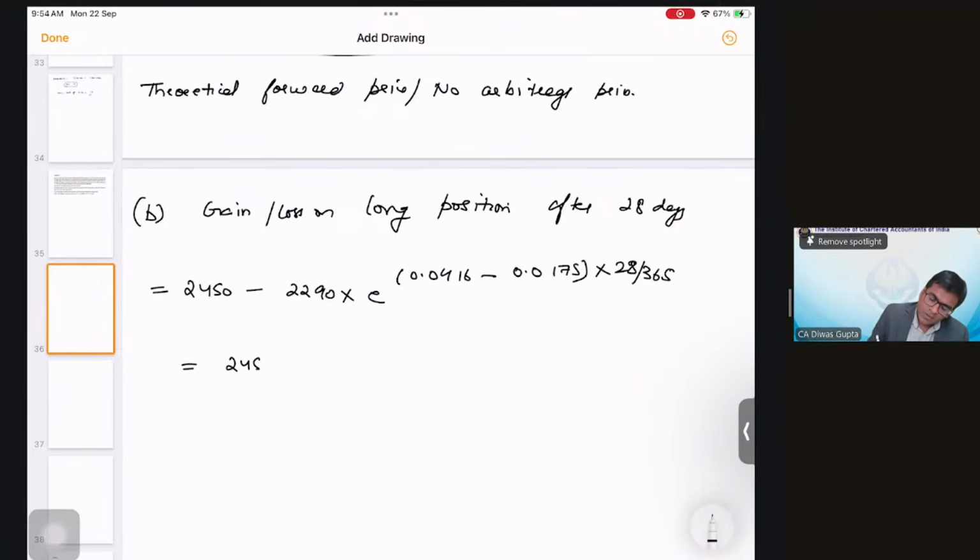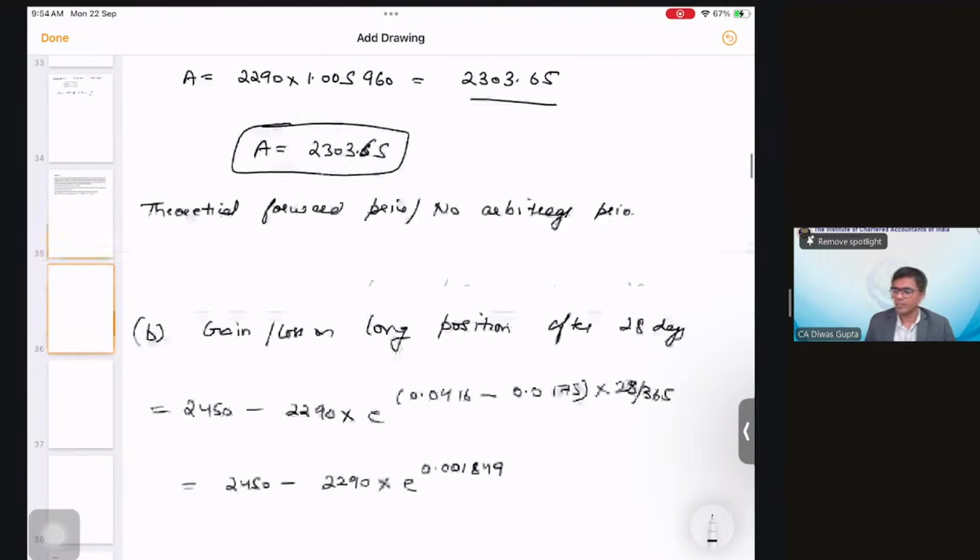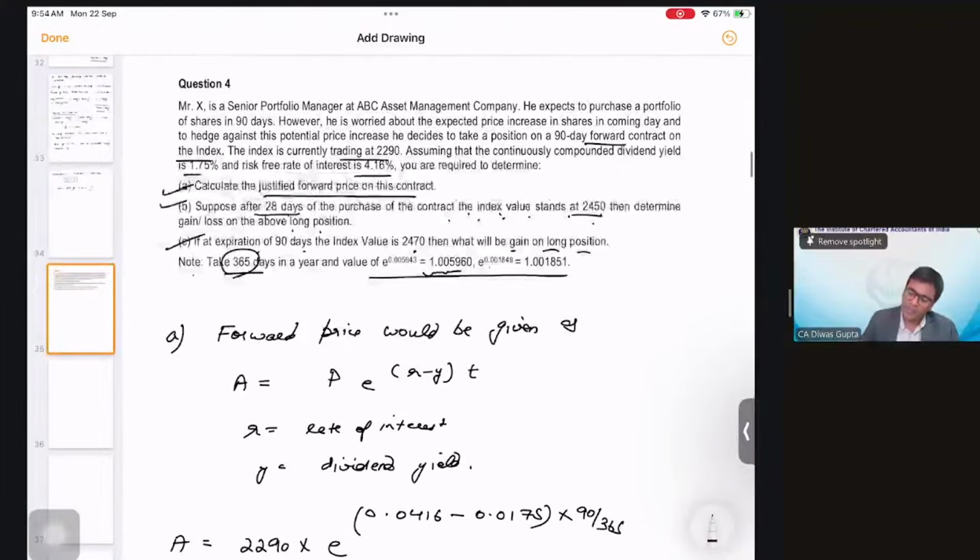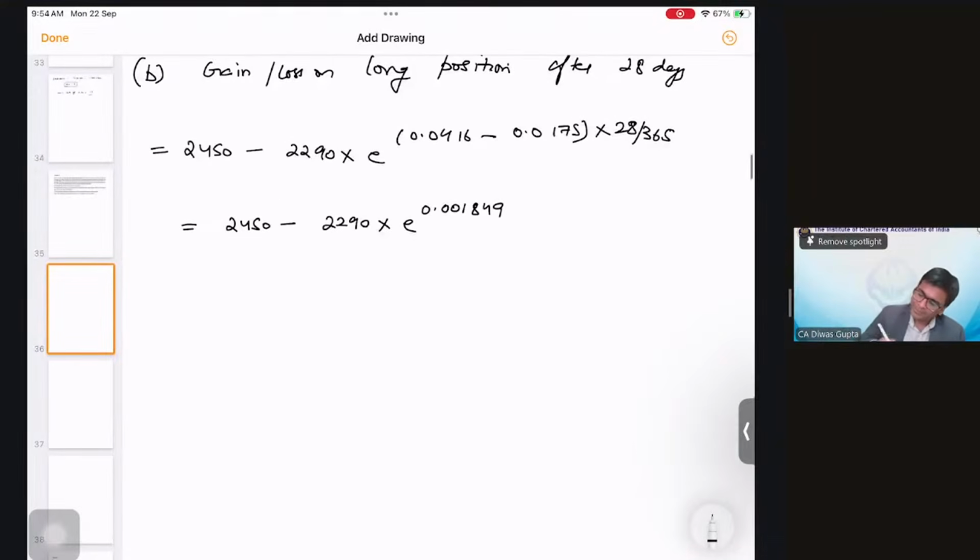2450 minus 2290 into e raised to the power 0.001849, students. Correct. Now this 1849, the value is given here as 1.001851 minus 2294.24, which is equal to 155.76.